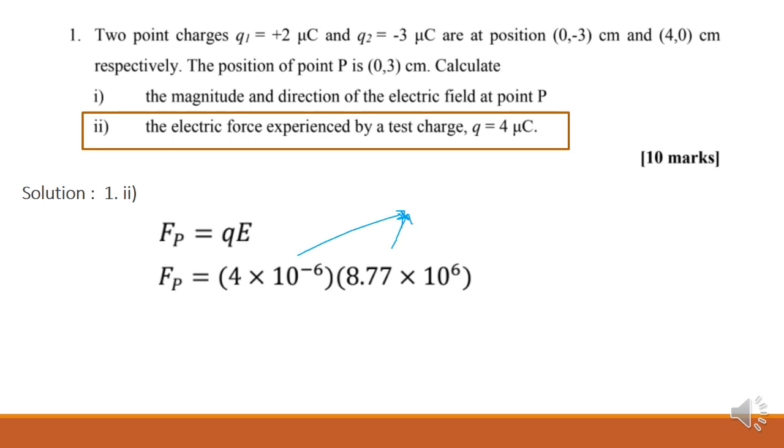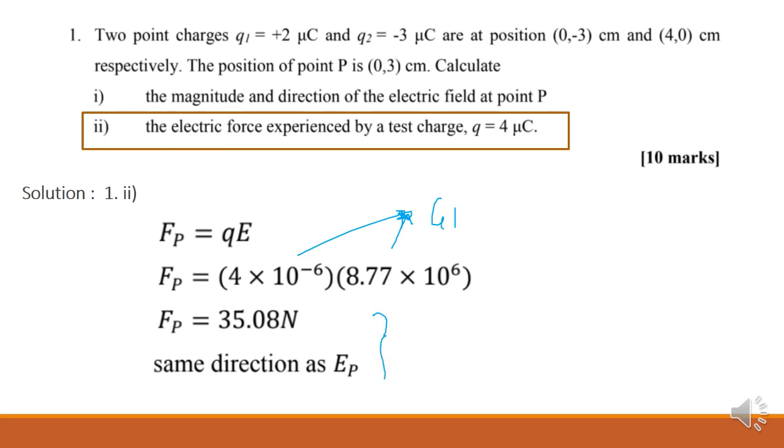So, dua-dua ini kita akan dapat gantian satu markah. Kemudian kita kira by using the calculator, kita dapat nilai F. Okay, bersama dengan direction. Sebab dia charge positif, so dia akan dapat sama direction. Kalau dekat sini charge negatif, so direction dia akan jadi terbalik. So, ini akan dapat jawapan akhir dan unit.